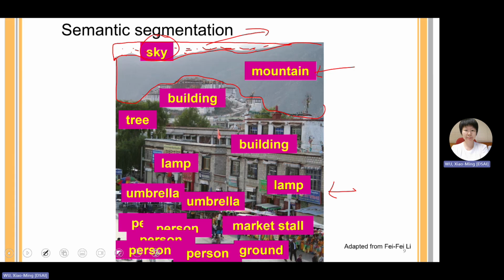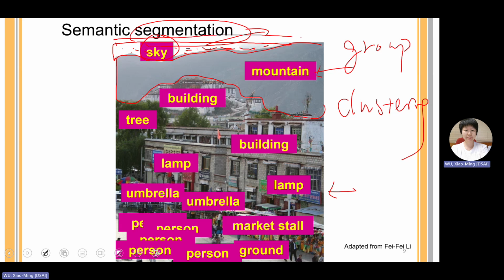Before the deep learning era, the most popular approach used for segmentation was normalized cut. We will briefly talk about that later. It is a grouping or clustering algorithm.